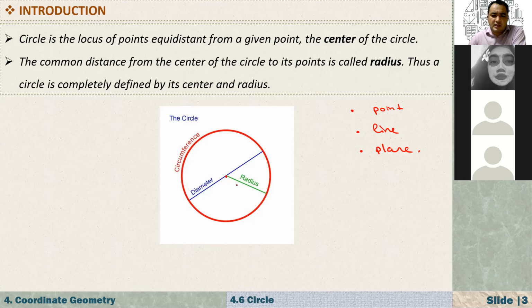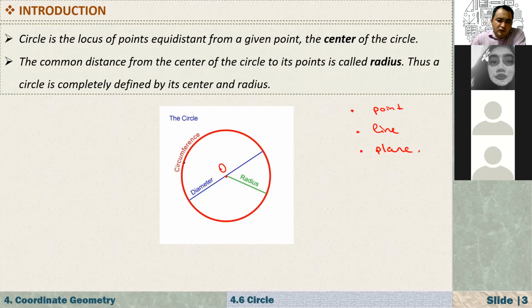It is a collection of all the points in the plane which are equidistant from a fixed point. This fixed point deserves a special name: we call it the center of the circle. The distance between this fixed point and any point on the circle, we call the radius.